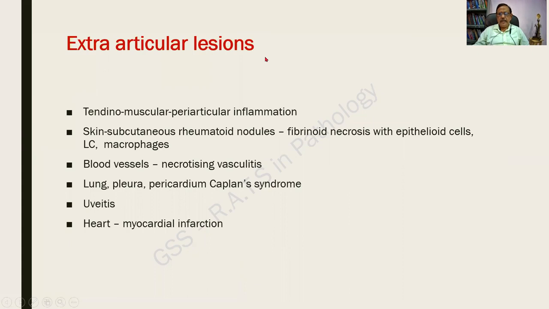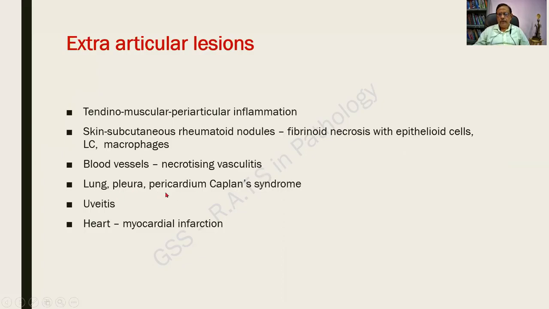So what are the extra-articular lesions? Please remember these. We have mentioned the tendinomuscular periarticular inflammation. Subcutaneous nodules, which will show fibrinoid necrosis, epithelioid cells, macrophages, and lymphocytes. Blood vessels can show necrotizing vasculitis. This is important because it can cause necrosis of the tissue that is involved.